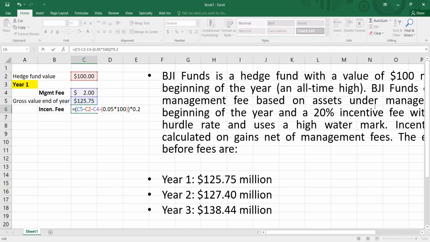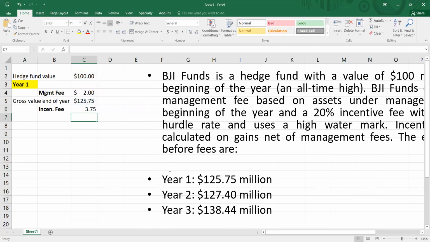So there are two conditions: hard hurdle rate, and we've got net of management fee. 375, okay? One more time.